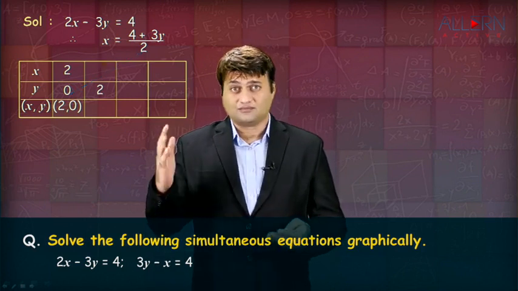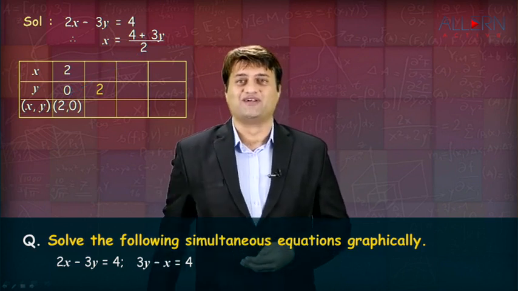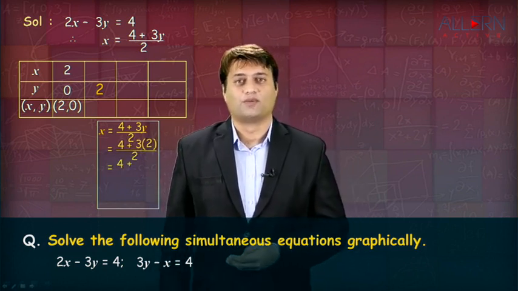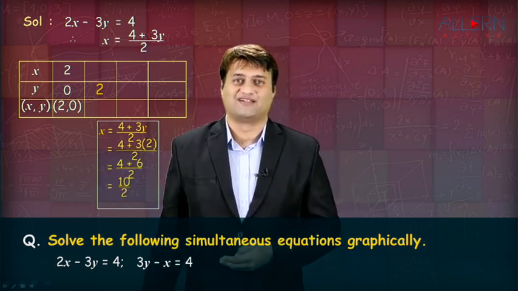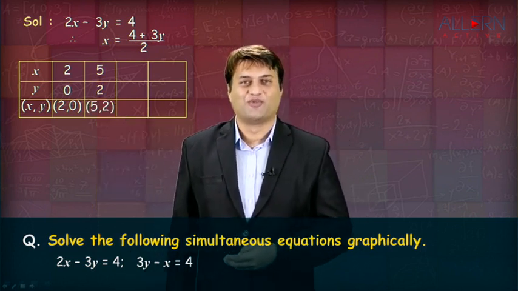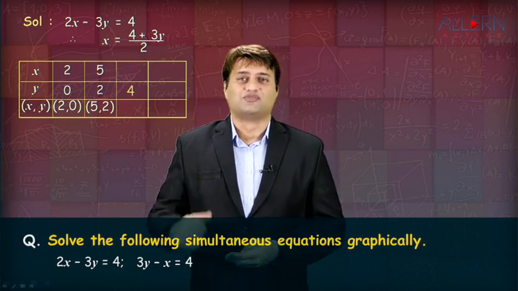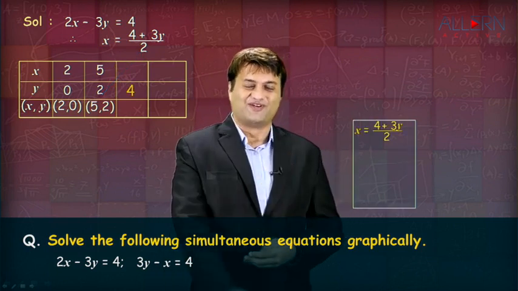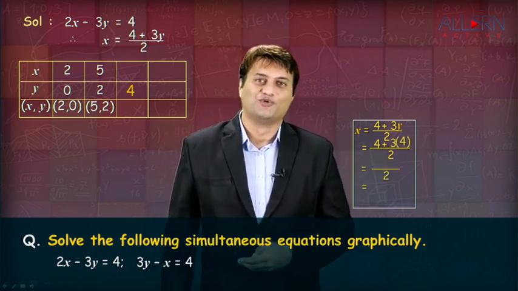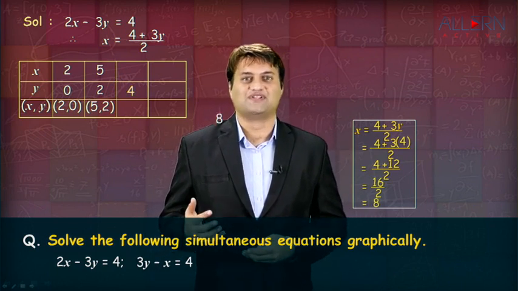Then 0, 2, 4, minus 2, because the denominator is 2. When y is equal to 2, you get x is equal to (4 plus 6) upon 2, that's 10 upon 2, which is 5. So you get a very valid point, that is 5 comma 2. When y is 4, you get x is equal to (4 plus 12) upon 2, that's 16 upon 2, which is 8.